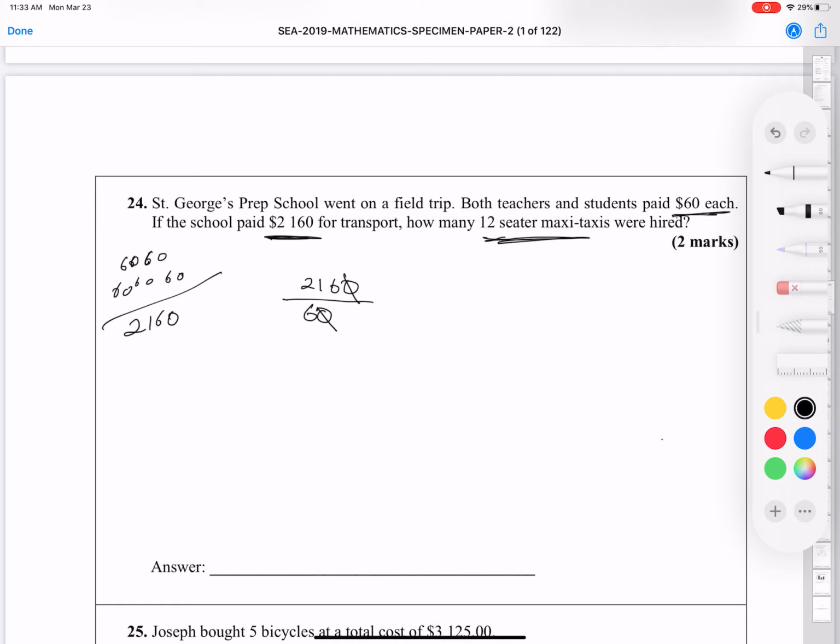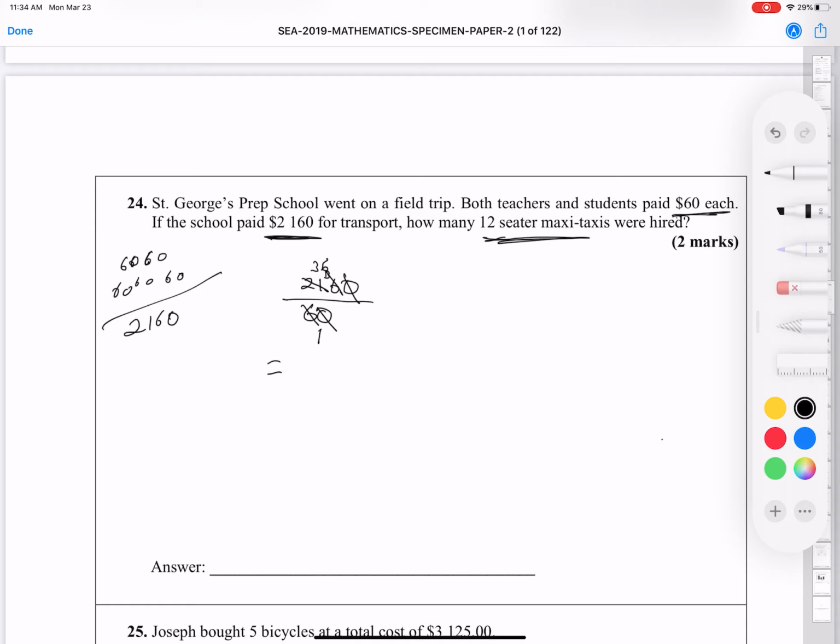It's 216 divided by 6. 6 into 6, 1. 6 into 20, 3 6s are 18. Remainder 3. 3 into 36, 6 into 36, sorry, 6.